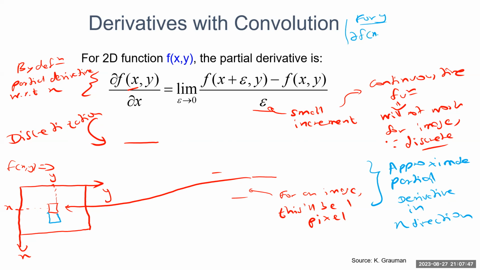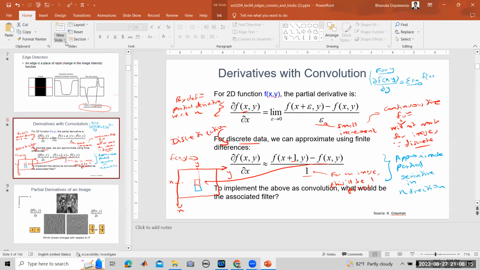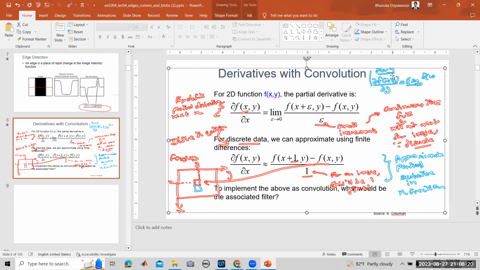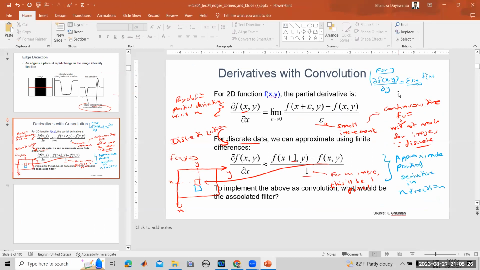partial f of x, y, that's the image, partial y equals, sorry, I think it's not sigma, it's epsilon, f of x plus. I will take a separate slide and write this.